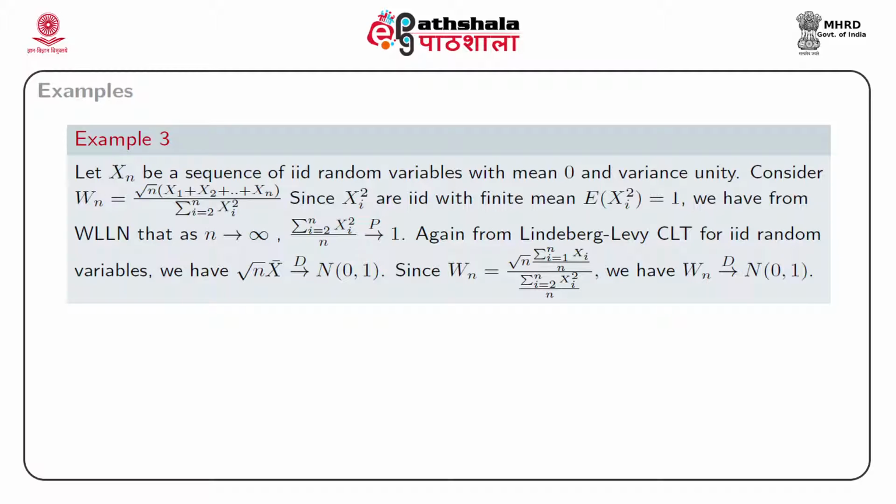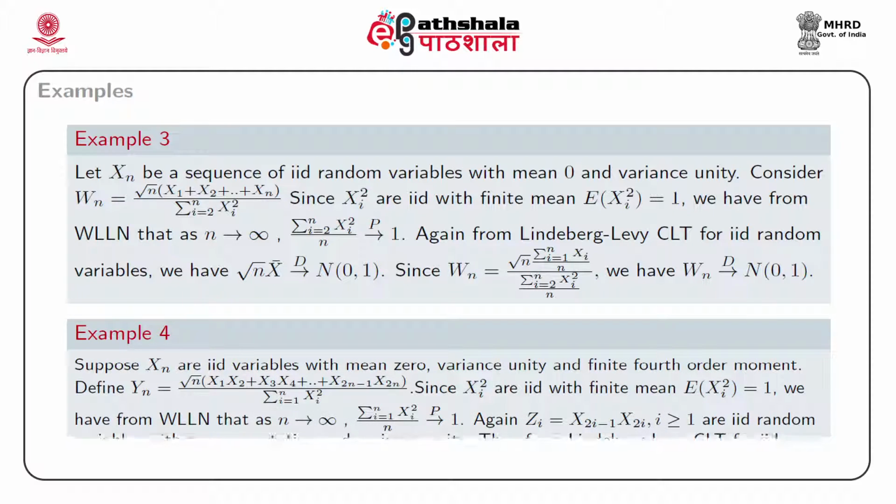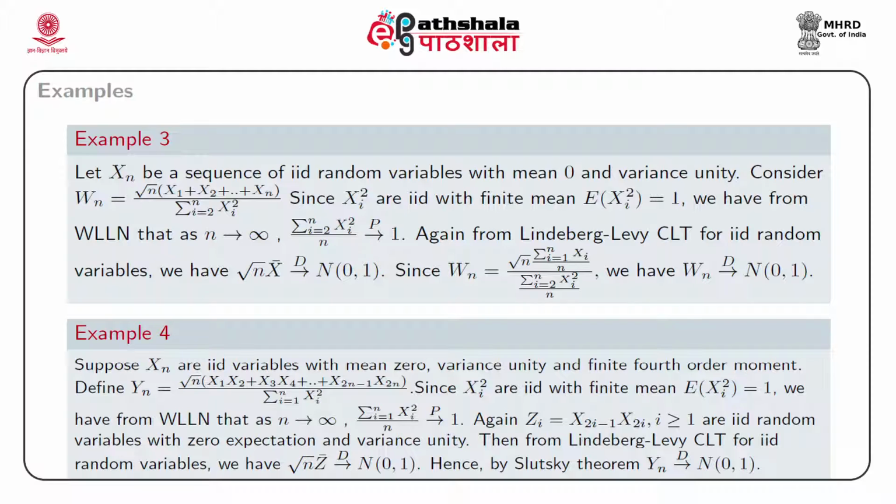So, the first term, the numerator, converges to a standard normal variable in distribution and the denominator converges to unity in probability, and hence as an easy consequence of Slutsky theorem, we find that the large sample distribution of Wn is standard normal. Consider our next example, which is a bit complicated as compared to the previous ones.